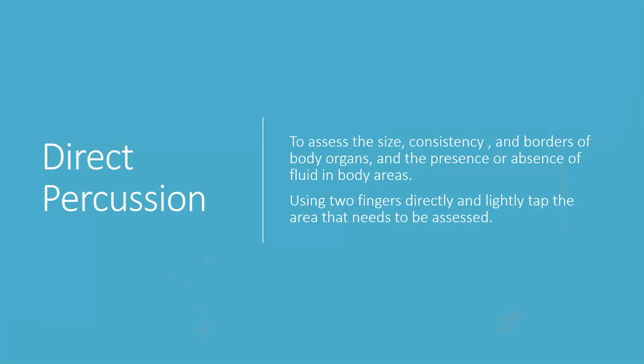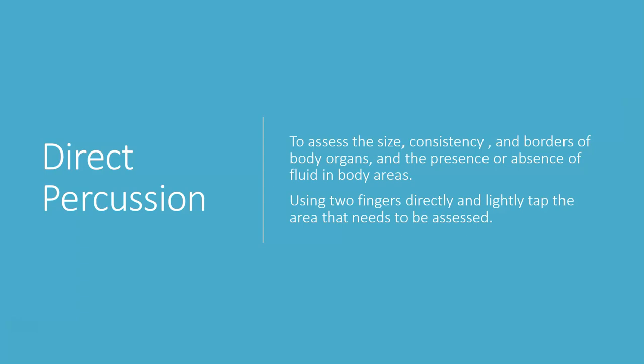Okay, so direct percussion. This is used to assess the size, consistency, and borders of the body organs and the presence or absence of fluid in body areas. For this, you use 2 fingers directly and lightly tap the area that needs to be assessed. So direct, we are just tapping directly onto the area.